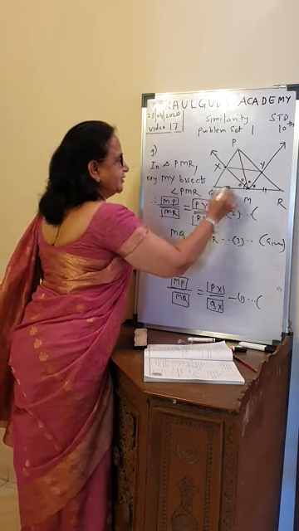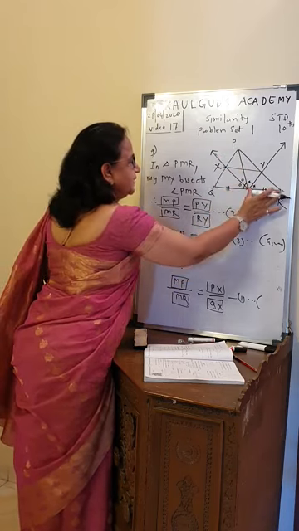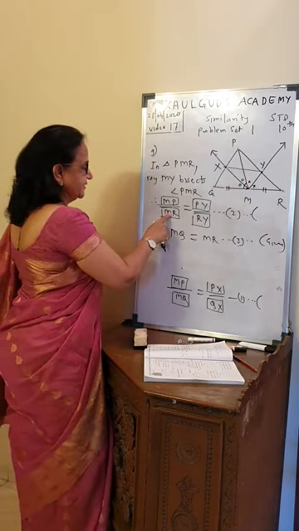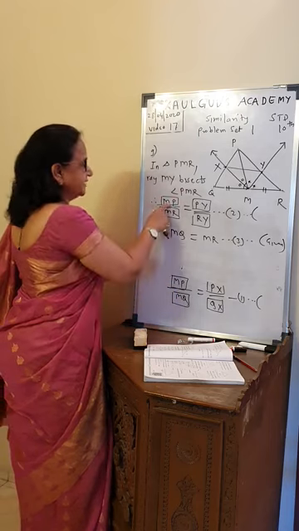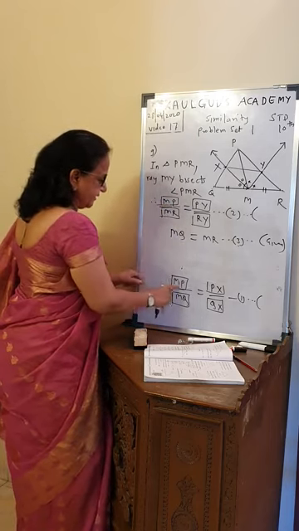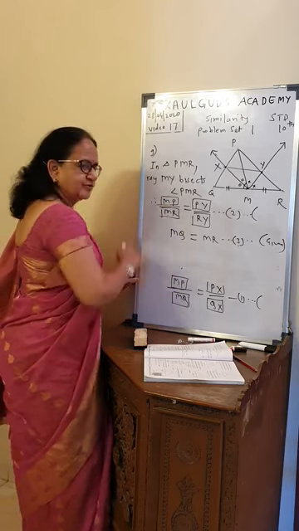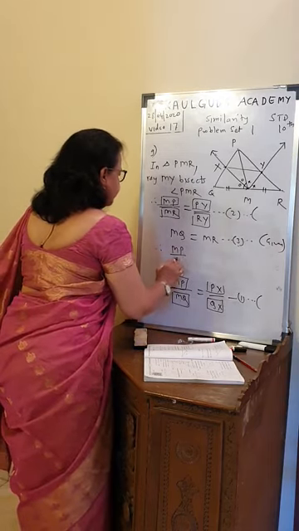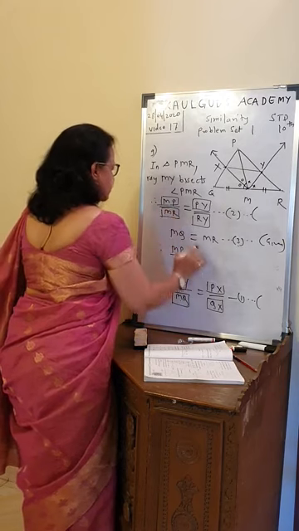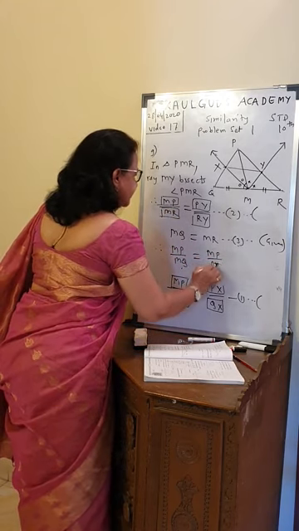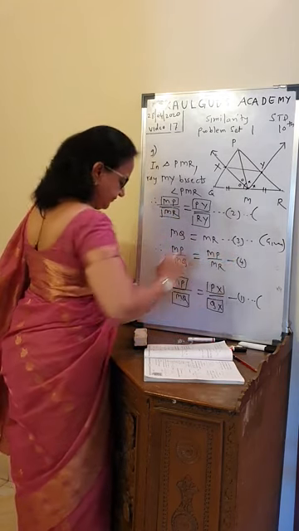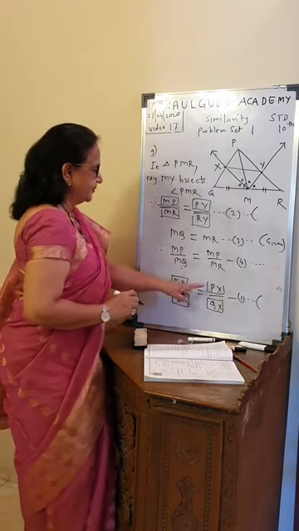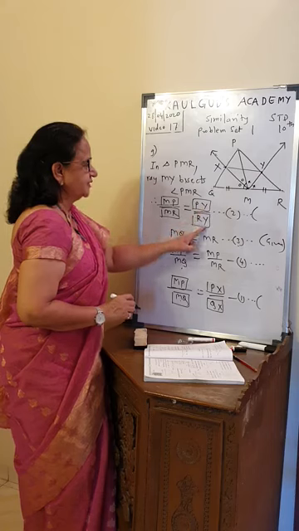So M is the midpoint of this base. So MQ and MR, the two parts are already equal. I use that MQ equal to MR and numerators MP and MP are identical. So this complete ratio and this ratio have to be equal. Let us write that. So this ratio MP upon MQ equal to this ratio MP upon MR. You can call this number 4. Put dots and again in reason you can say from 1, 2, 3.